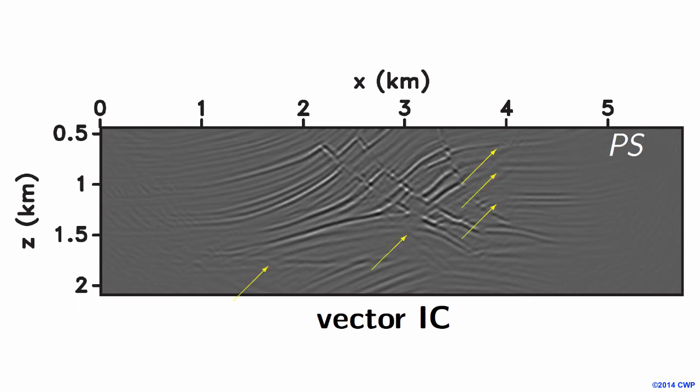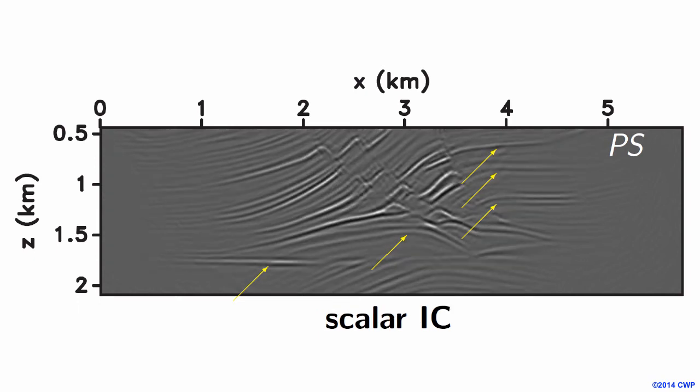In some locations pointed out by the yellow arrows, we can observe that the events are not continuous or weak. If we use a scalar image instead, we can tell that at those locations the image is more continuous and stronger.